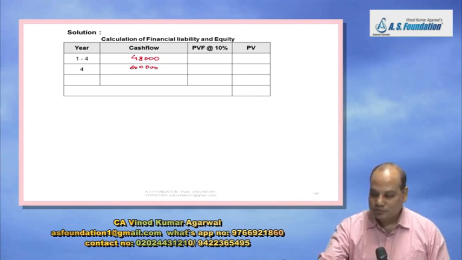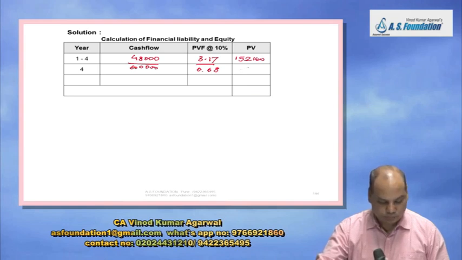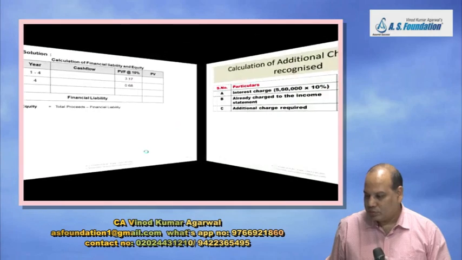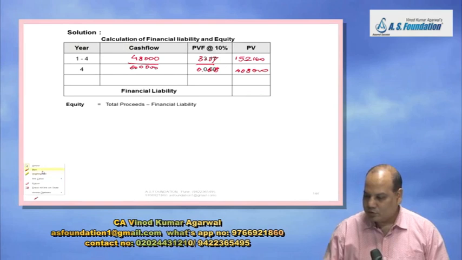How much is that? 3.17, and 0.68. Help me. 48,000 into 3.17 is 152. And this one is 4 lakh. So what is the total of this cash flow? 5 lakh 60,000, 160.